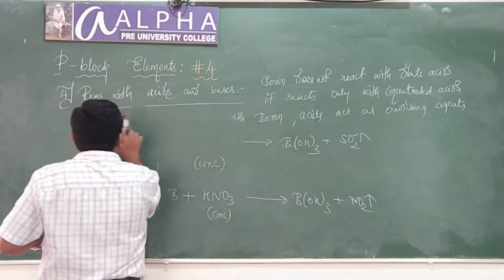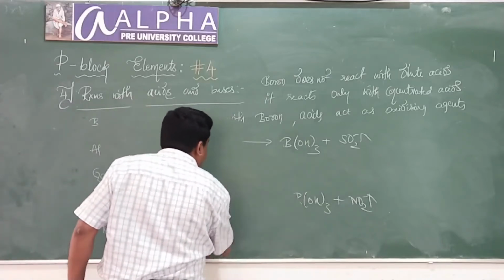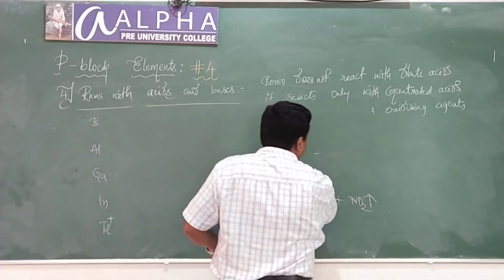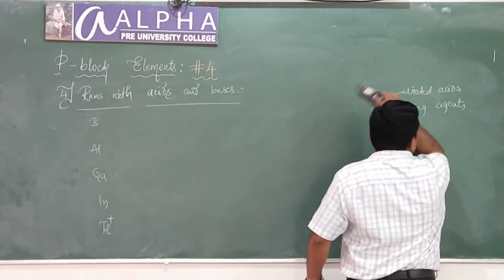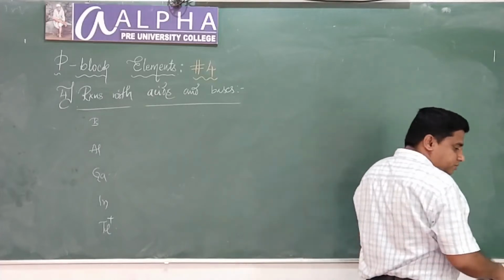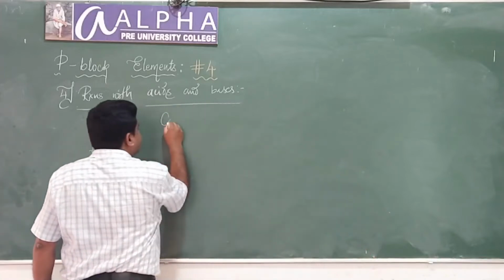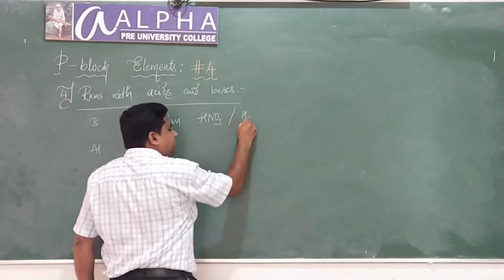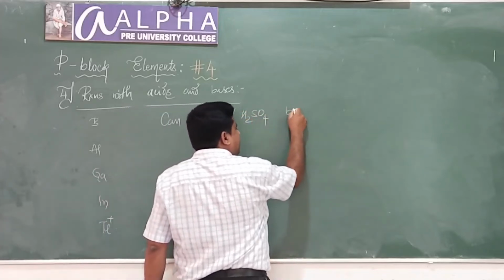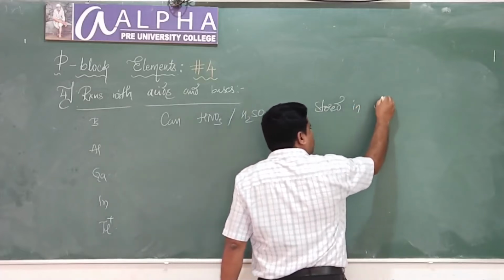Now we have a question on this concept. What is that concept? Can nitric acid or sulfuric acid be stored in aluminium vessels?